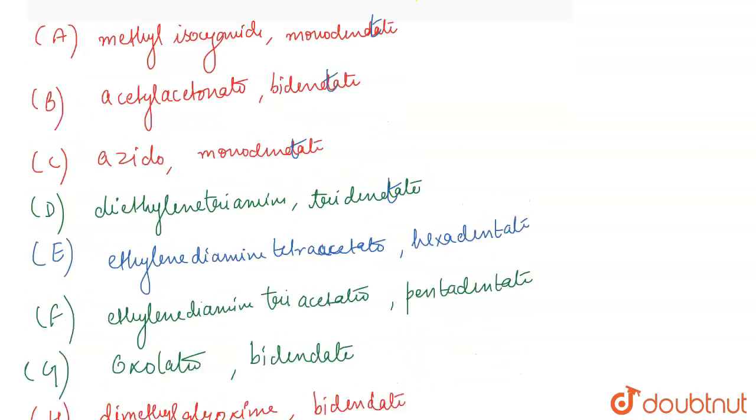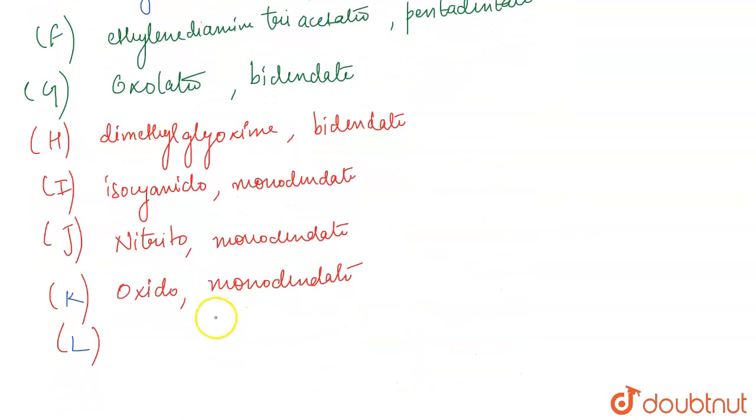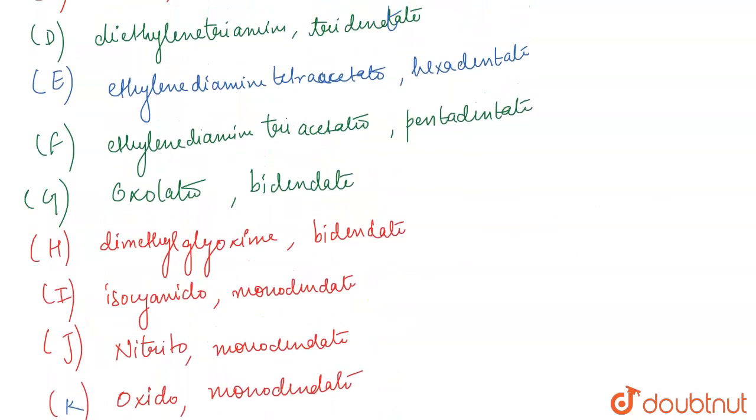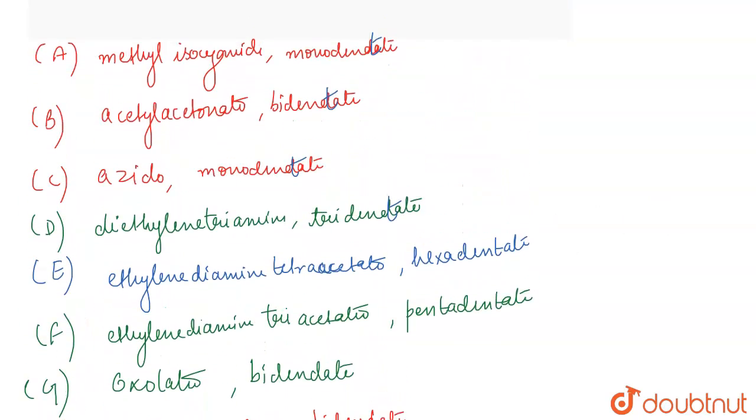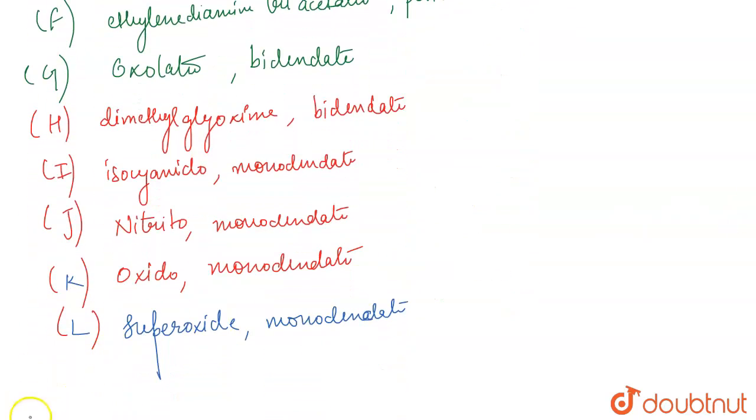This is O2 minus, which is superoxide, right? This is superoxide, and this is monodentate. Okay, so that's how we have written the names of the ligands and their denticities. Okay, that's all for the question.